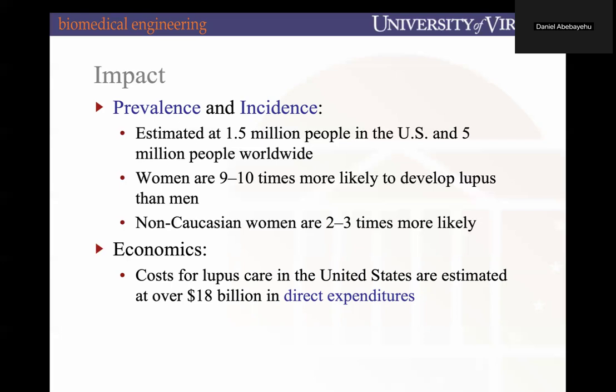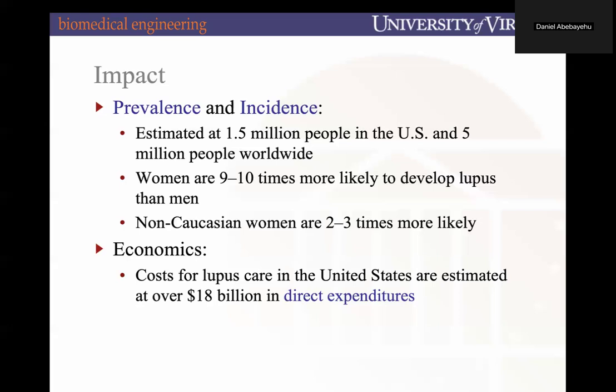And it's also noteworthy that non-Caucasian women or women of color are 2 to 3 times more likely to have lupus than Caucasian women. So there's certain communities being predisposed to having lupus, similar to most autoimmune diseases.